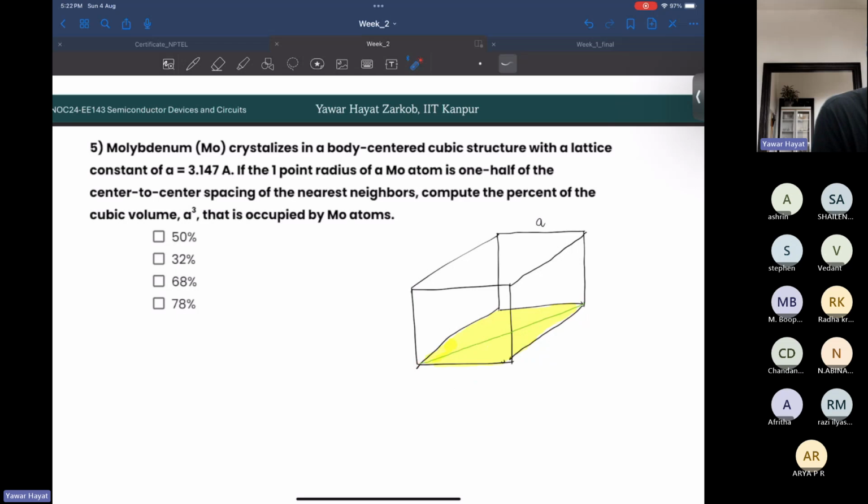Root 2A, correct. This would be square root of A square plus A square, which is A root 2, which is what Shailendra wrote. So this is your face diagonal, right? Face diagonal is root 2A.